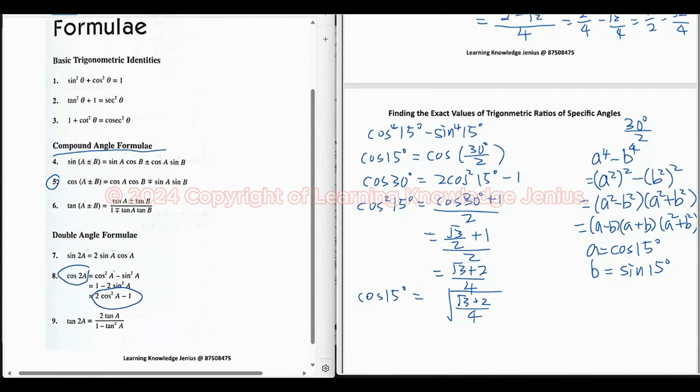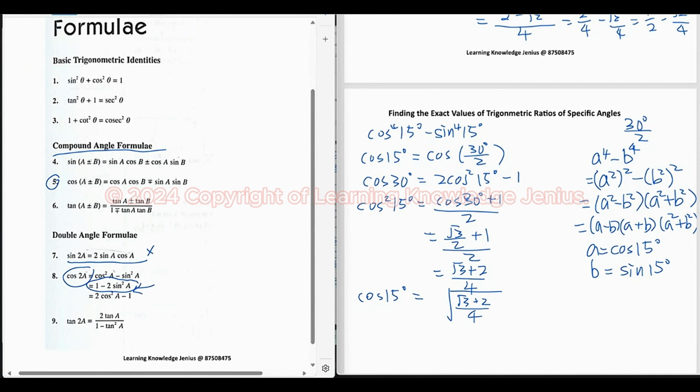And then, to get the sine 15, you will realize that you are not going to use this formula. Instead, you use this formula to find it. Because if you use the sine 2a formula, it's not possible for you to find it, since it will contain both the sine a and cosine a. So usually we will just use this formula here.